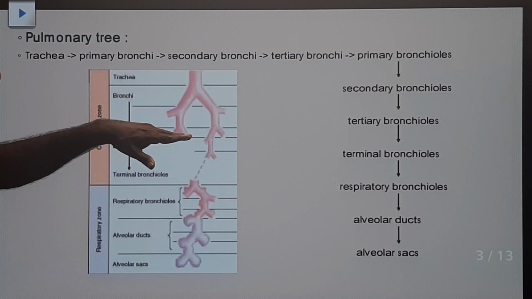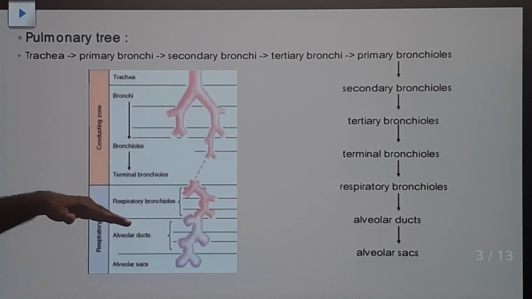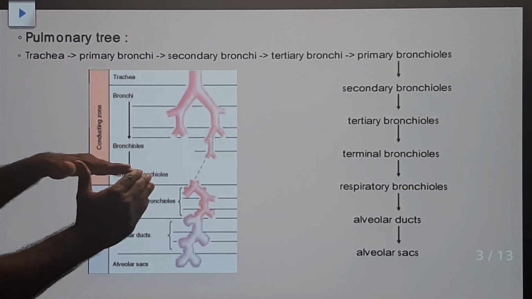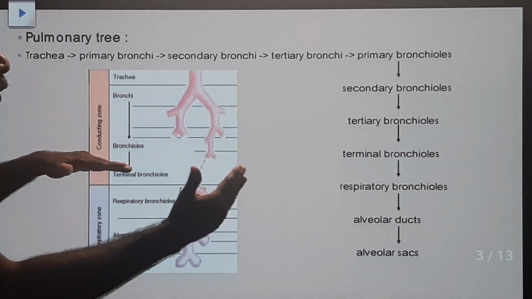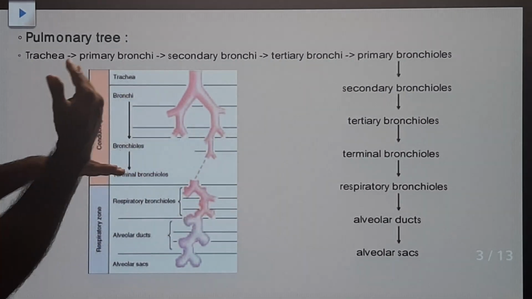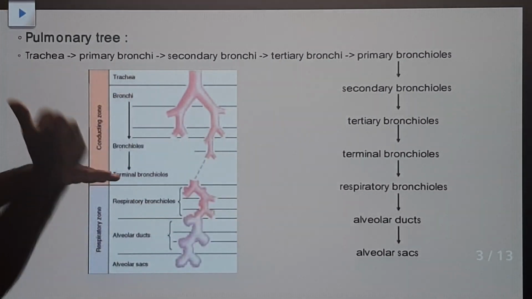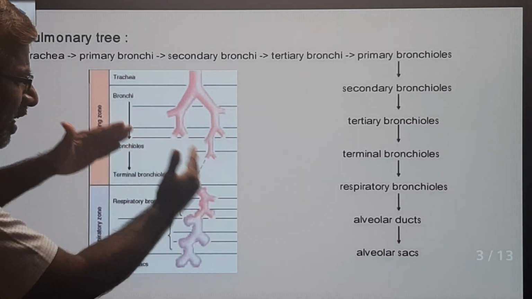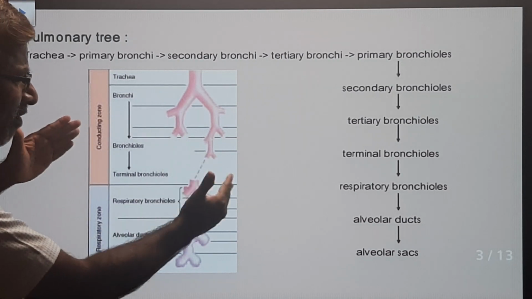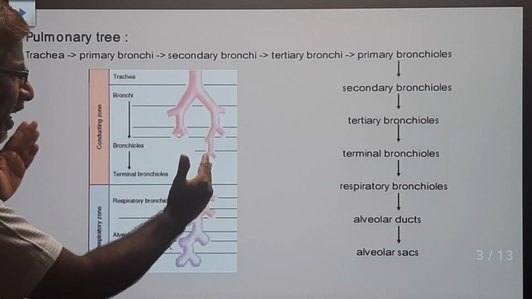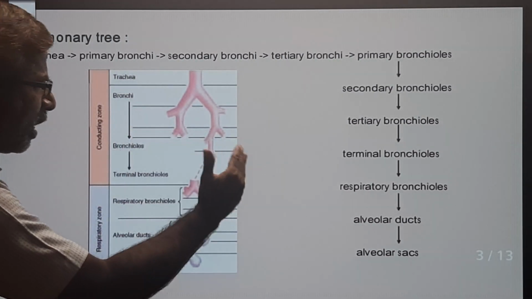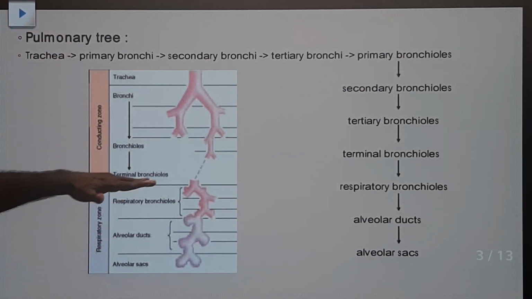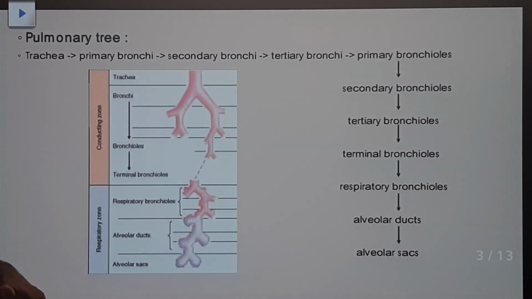Up to here it is called bronchi. The tertiary bronchi divide into primary bronchioles, which redivide into secondary bronchioles, then tertiary bronchioles. At every level it is divided into so many branches. Later it becomes the terminal bronchioles.